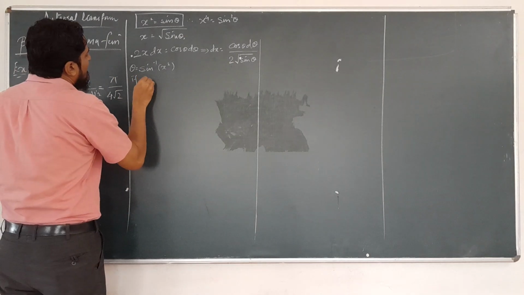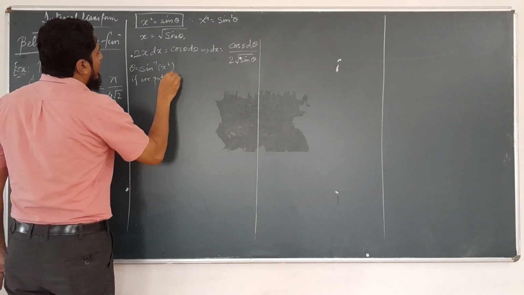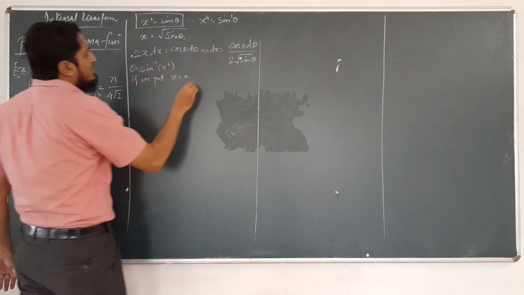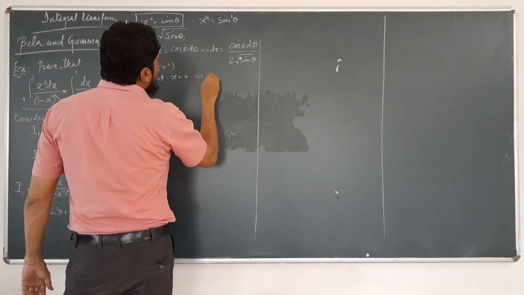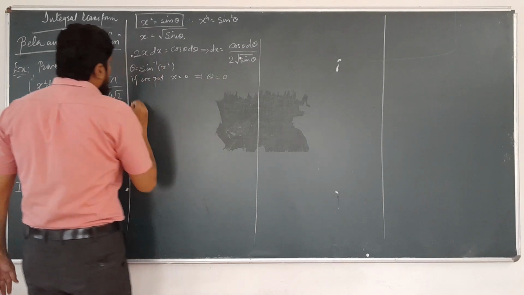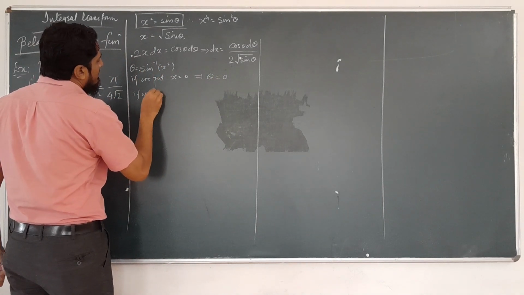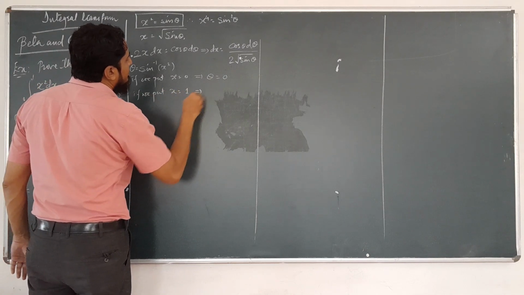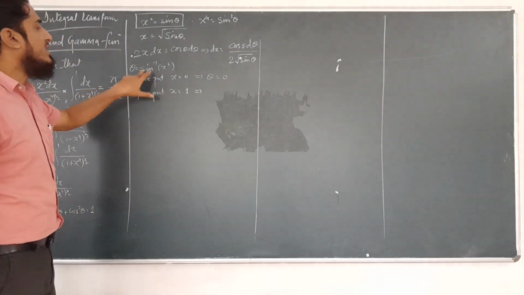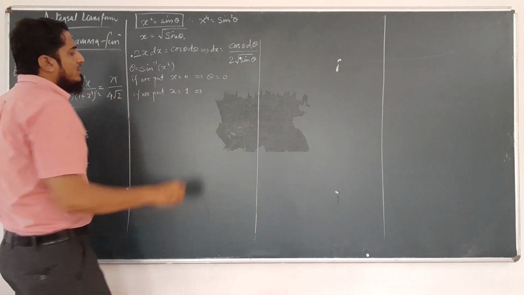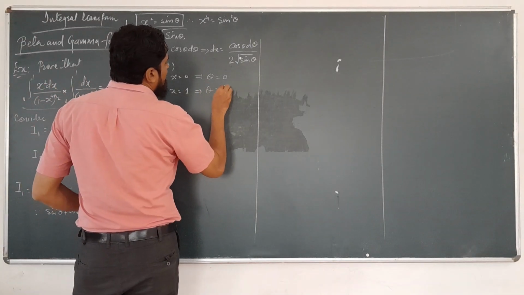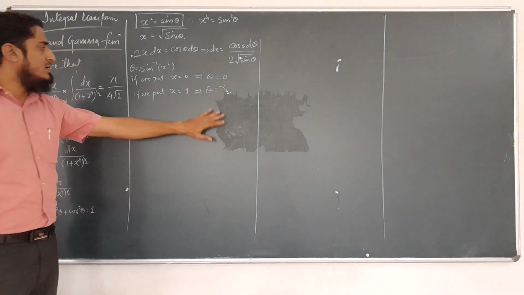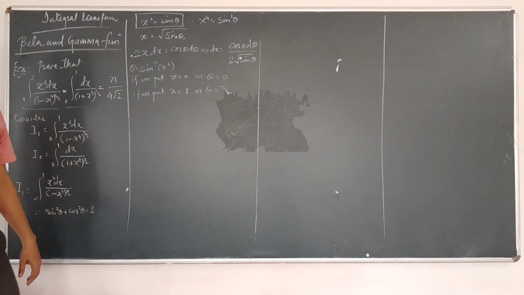If we put x is equal to 0, then sine inverse of 0 gives theta is equal to 0. And if we put x is equal to 1, sine inverse of 1 gives theta is equal to pi by 2. We know how to calculate the limits of the integral.